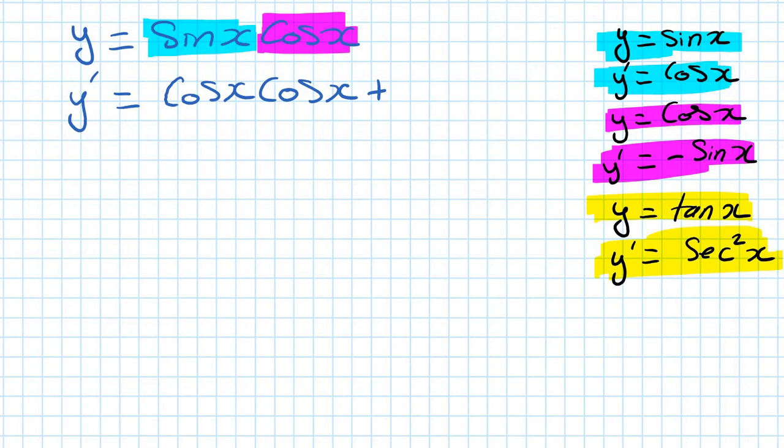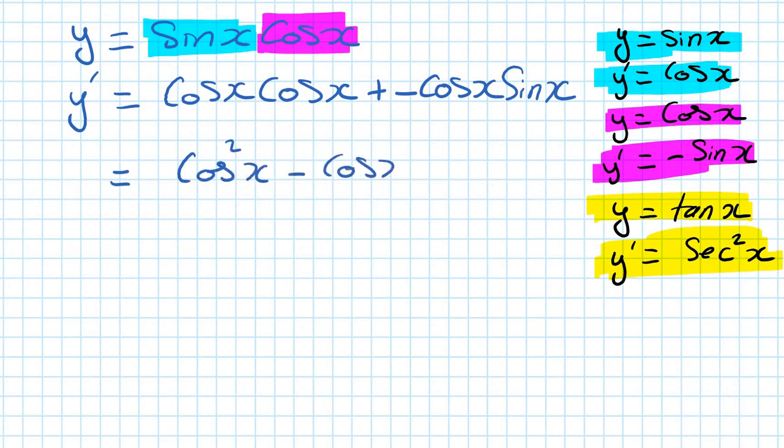So please remember that, otherwise write the rule out and then just use it. So differentiate cos, give you minus sine, so put plus minus sine of x. Then I times the first function, which is sine x. So I'm just rewriting now. This gives me cos squared of x minus cos x sine x.